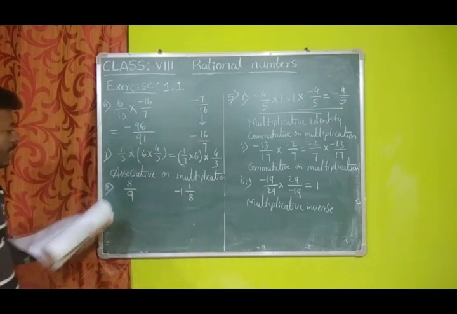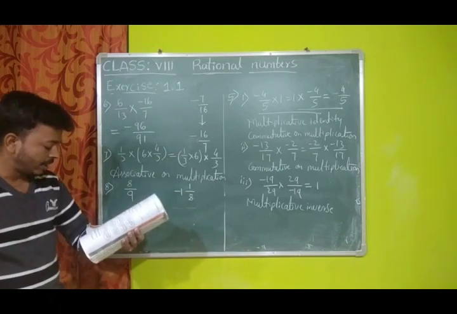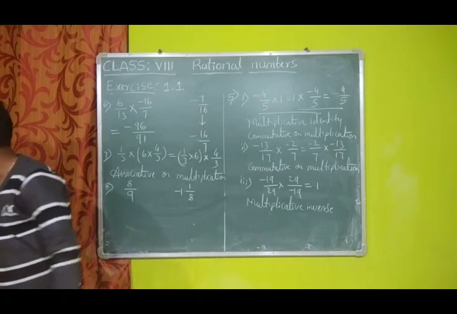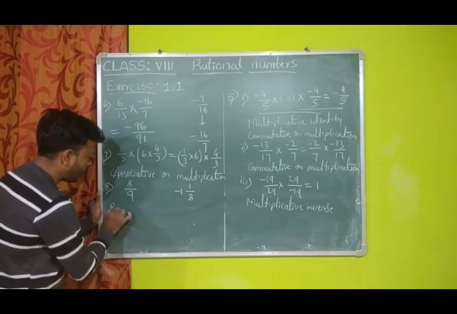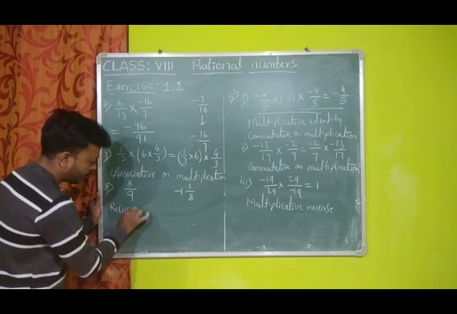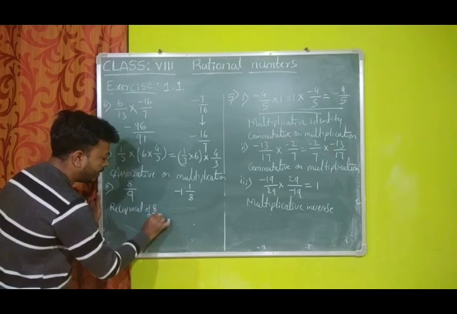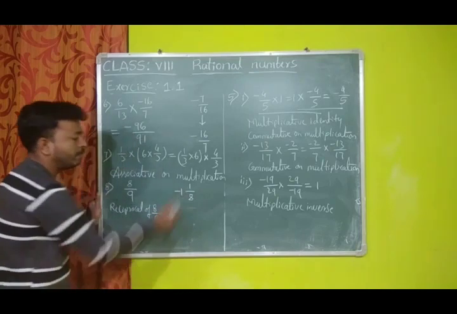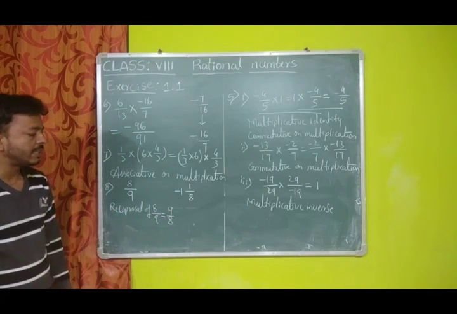What is the reciprocal of 8 by 9? It is 9 by 8. Simplify and you will get the answer. Just check that.